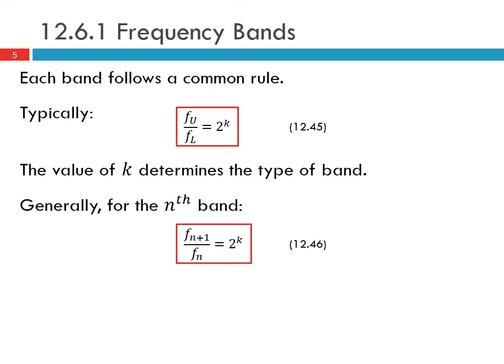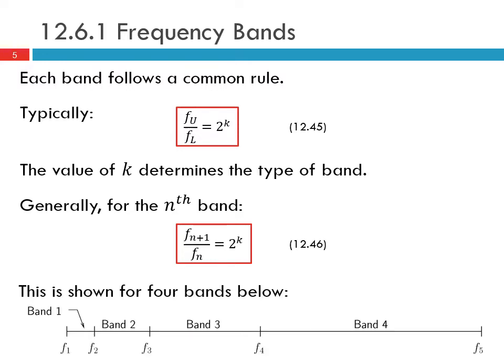In general, for the nth band, f of n plus 1 divided by fn is equal to 2 to the exponent k. This is shown for 4 bands below. You can see that in absolute terms, the distance between the bands is not constant, but it follows the relationship we just explained.